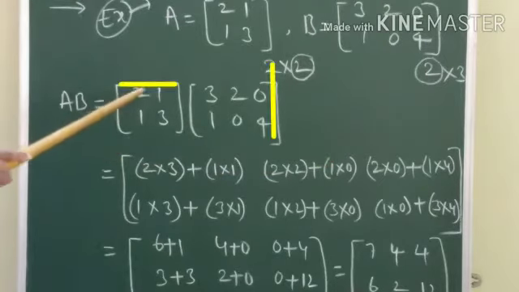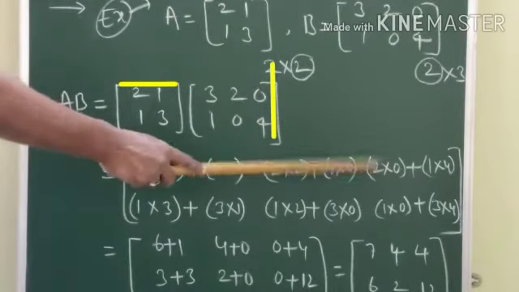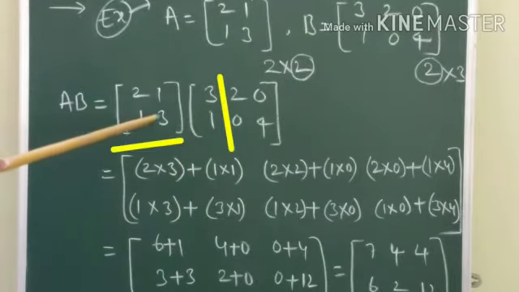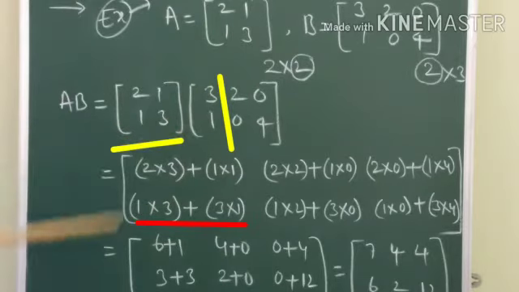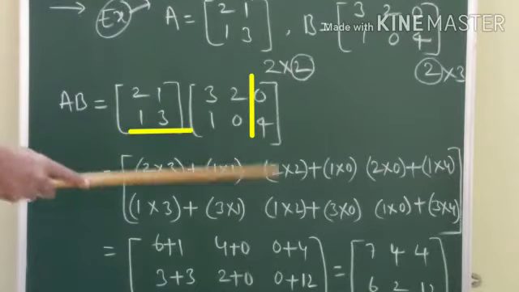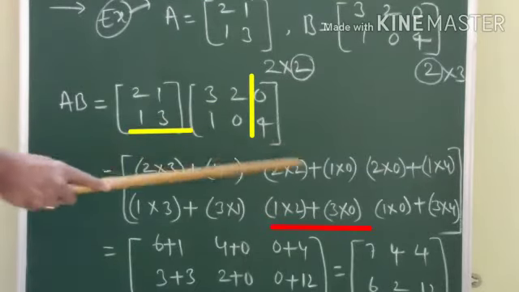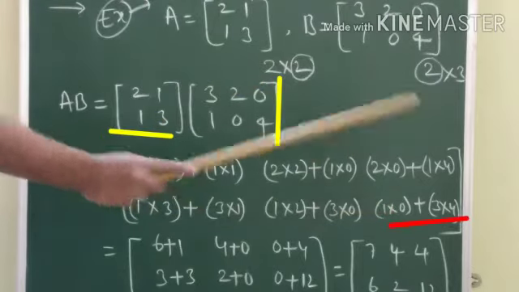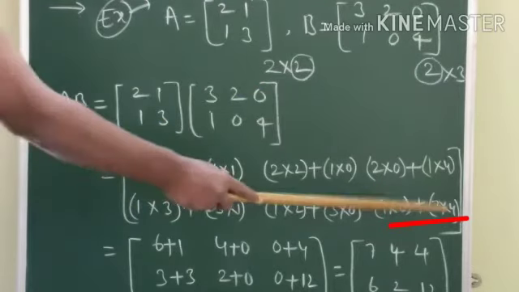Next, first row, third column, that is 2 into 0 plus 1 into 4. Next, second row, first column, that is 1 into 3 plus 3 into 1. Next, second row, second column, 1 into 2 plus 3 into 0. Next, second row, third column, that is 1 into 0 plus 3 into 4.